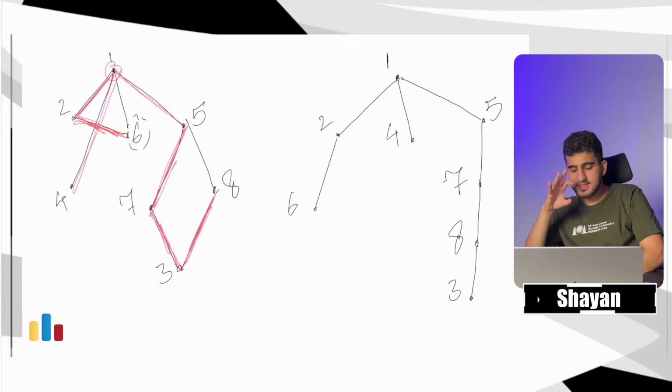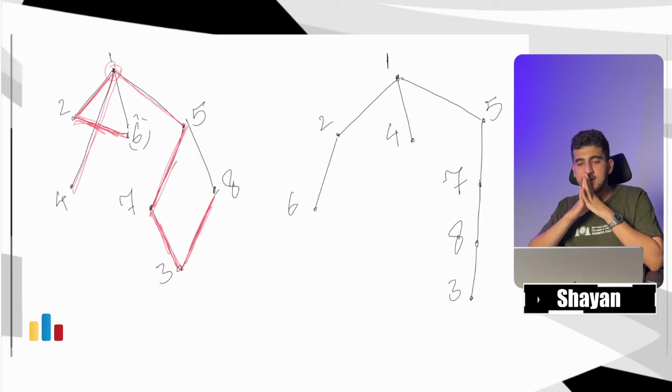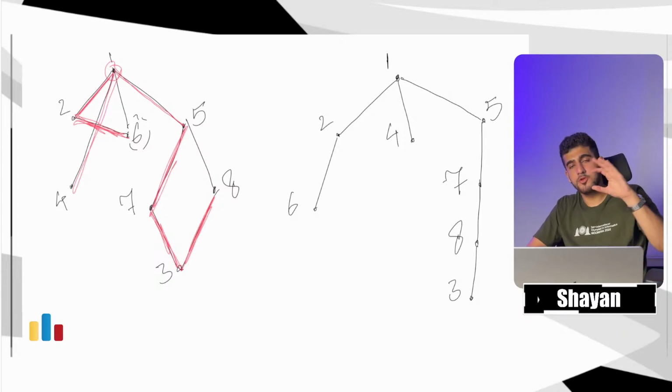So this gives me this form of a graph. What I'm saying is that if you consider the colors that we give the vertices, this gives me some form. I will define tree in more detail later on.